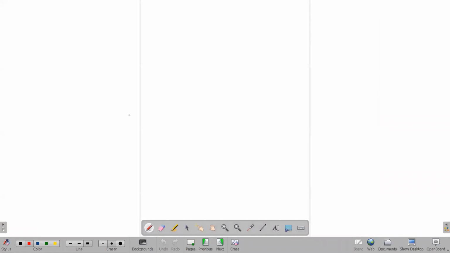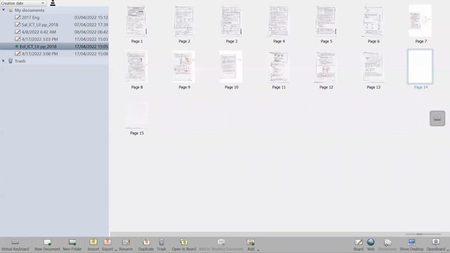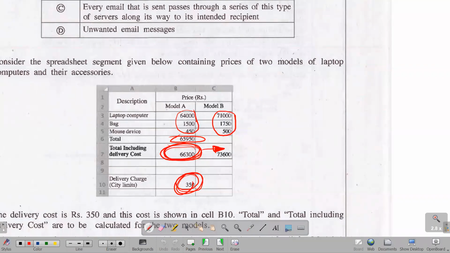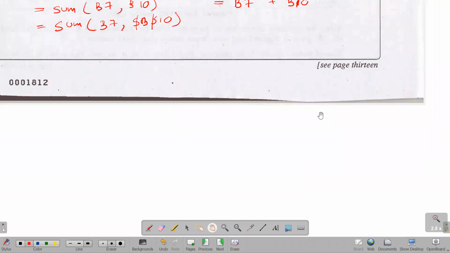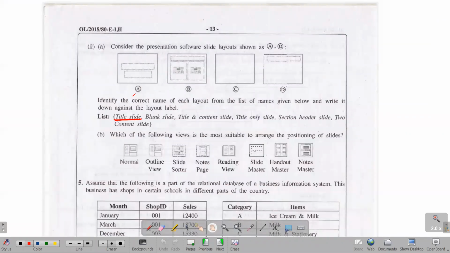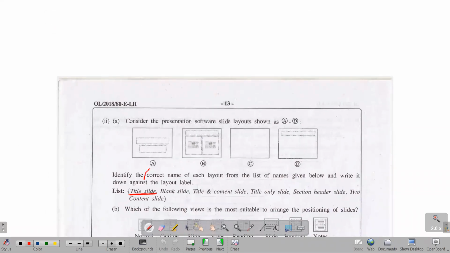This is for A. Okay, so this goes with A. Next one is the title and two contents.